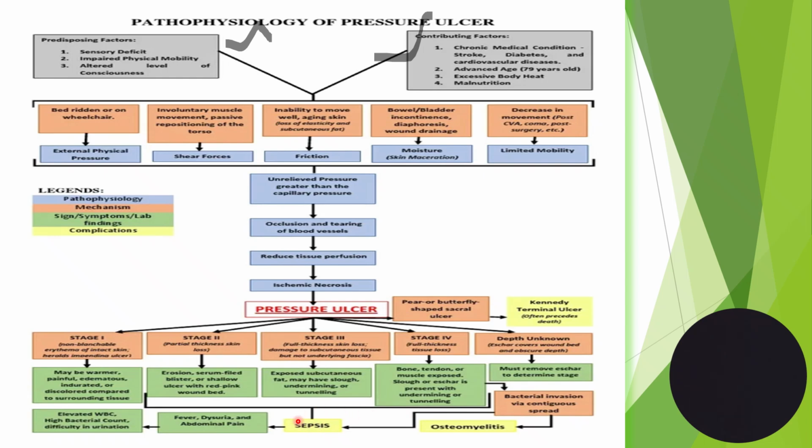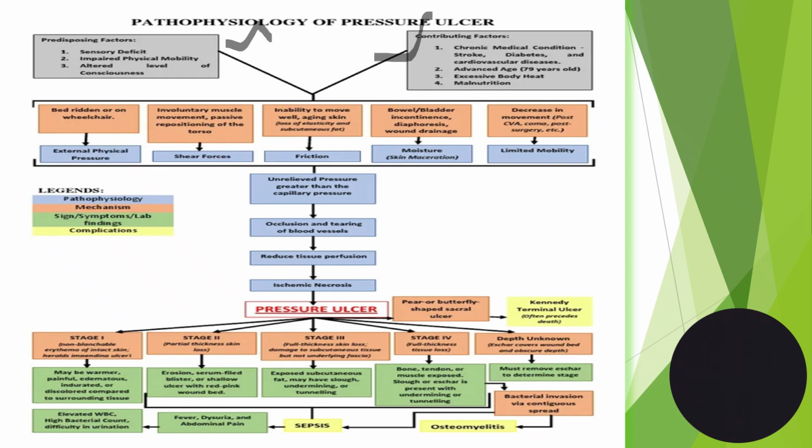Due to the sepsis, the person may develop a fever, dysuria, abdominal pain, and it may lead to changes in the WBC, and then high bacterial count, and difficulty in urination. You see, the small negligence or small ignorance of a nurse may develop a septic shock or sepsis in a person.